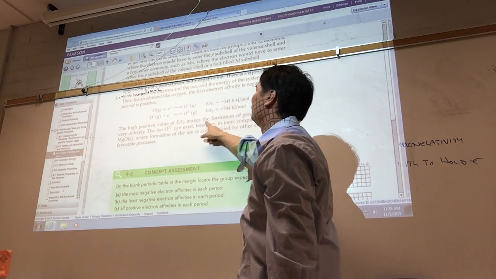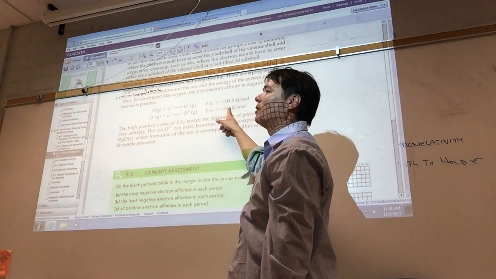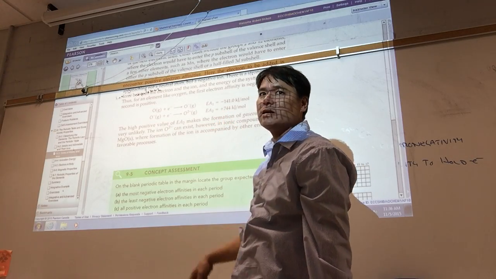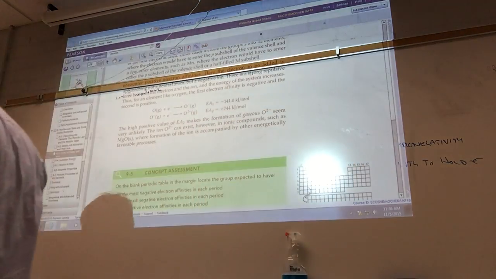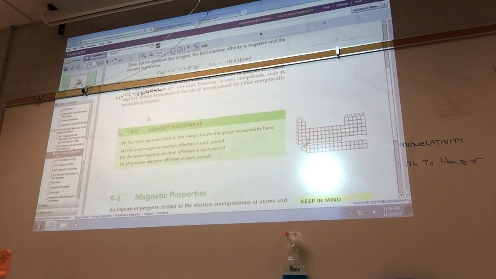And so net, to form O2 minus from O is going to be a net endothermic process. It's going to cost you about plus 600 kilojoules per mole. 600 kilojoules per mole is a significant quantity of energy. And so we have something that's very strange here.